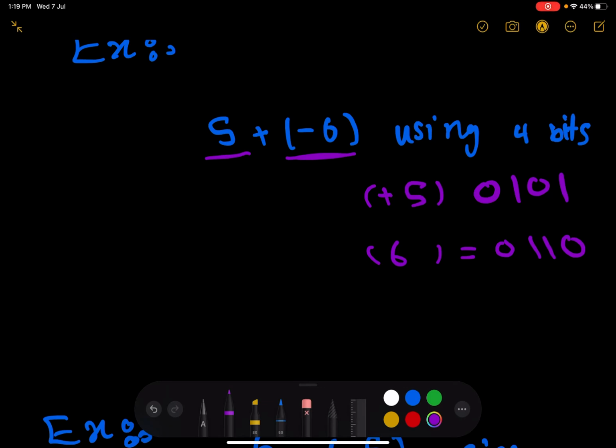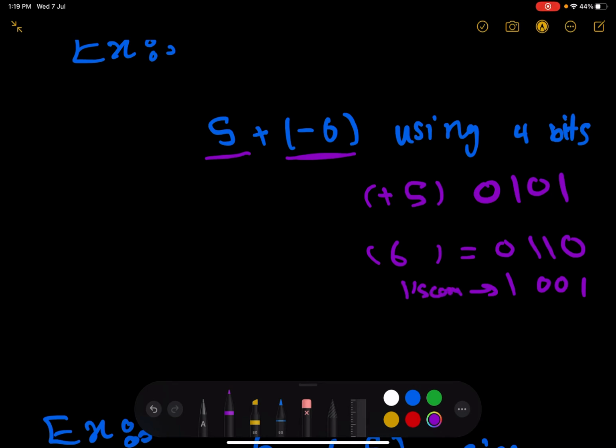As I told you previously, 1's complement and 2's complement are representations of negative numbers in the binary system. So we're representing negative 6. We change every 0 to 1 and vice versa. So this one will be like that. Here is our 1's complement.